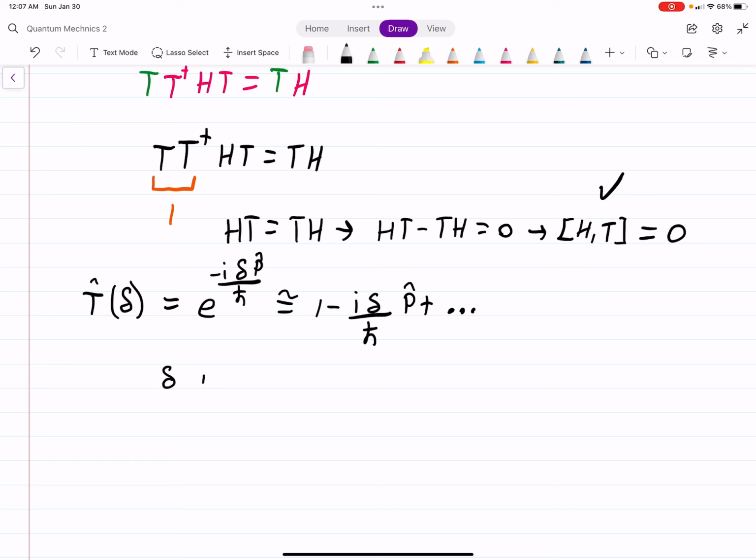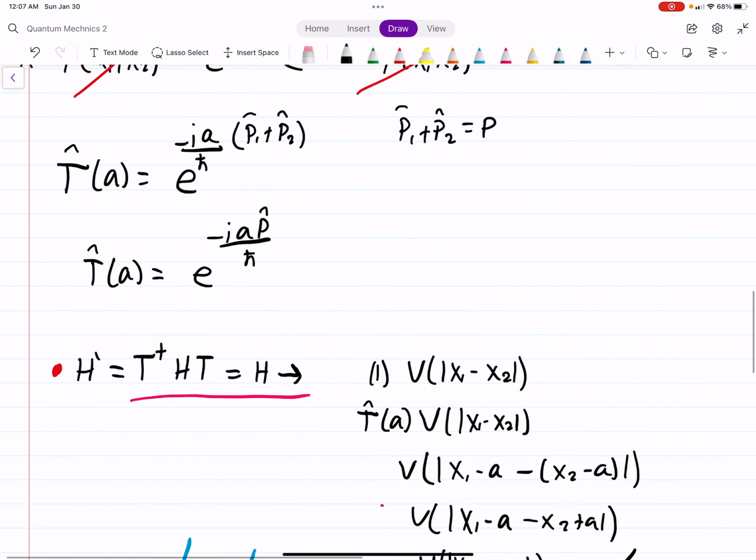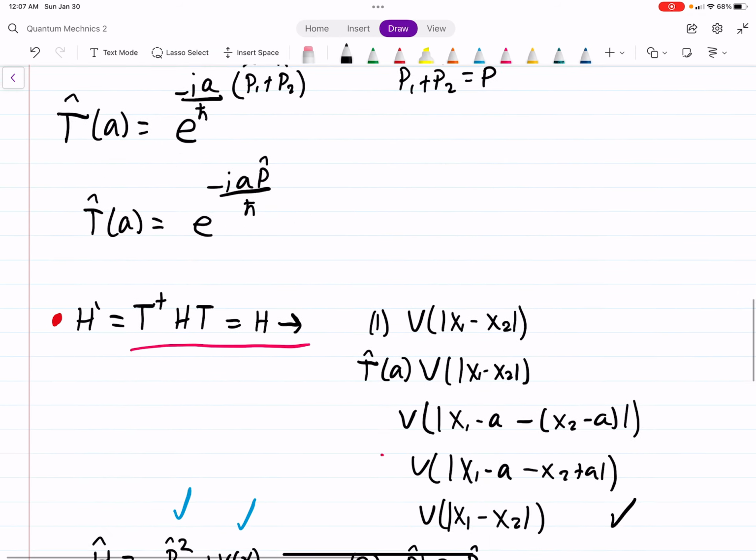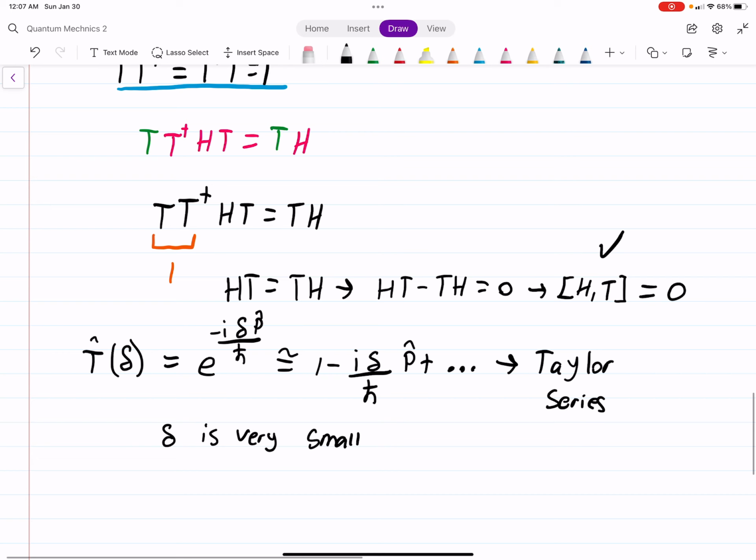But remember, delta is very small. So in these additional terms, we're going to get smaller numbers raised to the higher power, and these become less significant. And again, this is just the Taylor series for e, expanded to whichever term. But obviously, instead of a, we're using delta, as I said before.